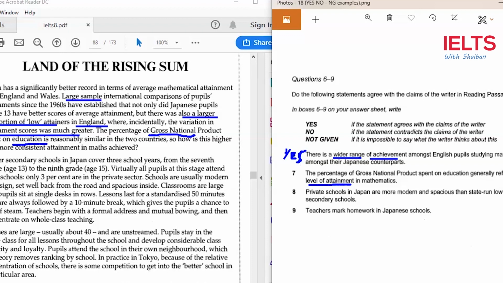If you look at the passage, product spent on education, so it doesn't reflect the attainment in mathematics, but the fact here we have education, and the fact here we have attainment in mathematics, so this is a no. So this contradicts the view of the writer.